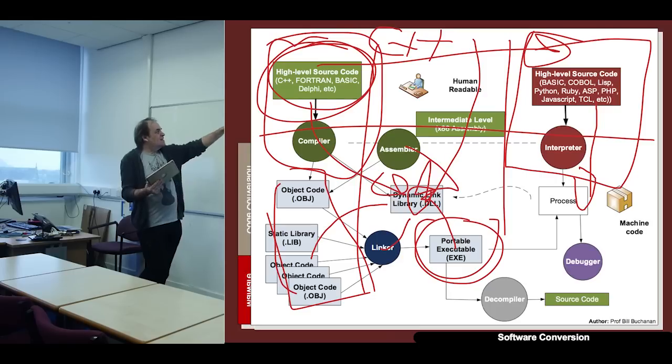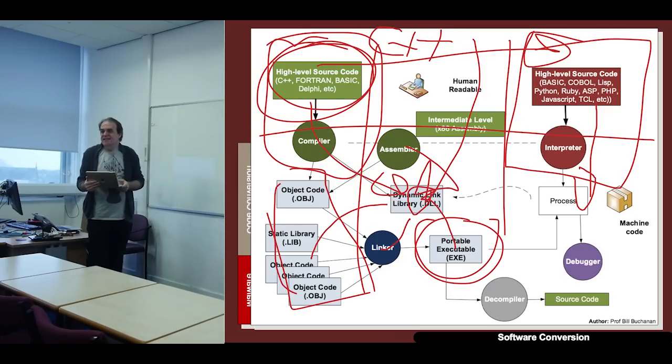Can you give me another example of a high-level source code language? You said compiled, right? Compiled, yeah. Go, yeah. Any other more popular ones? C, yeah. And then for a high level, any other ones?